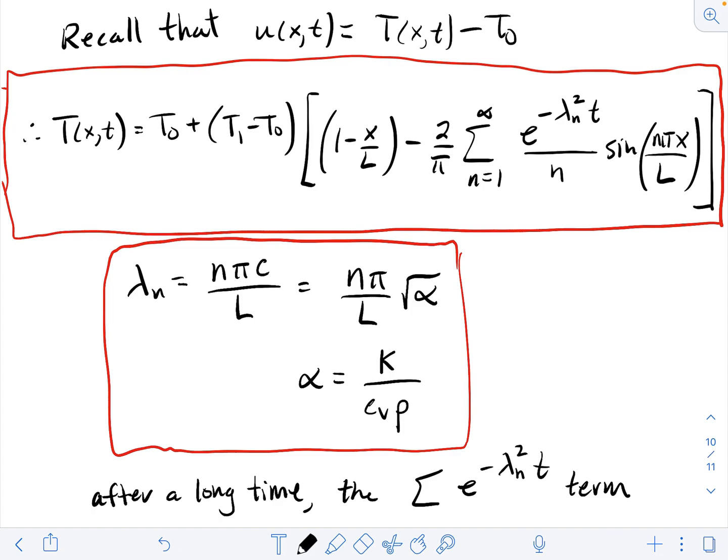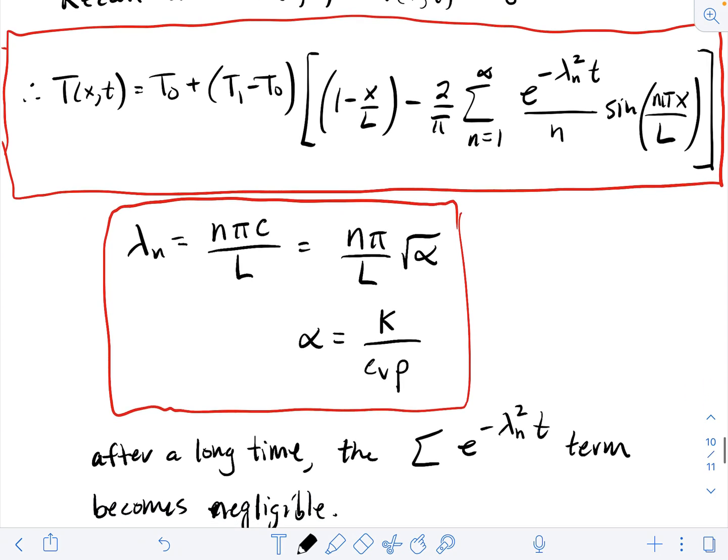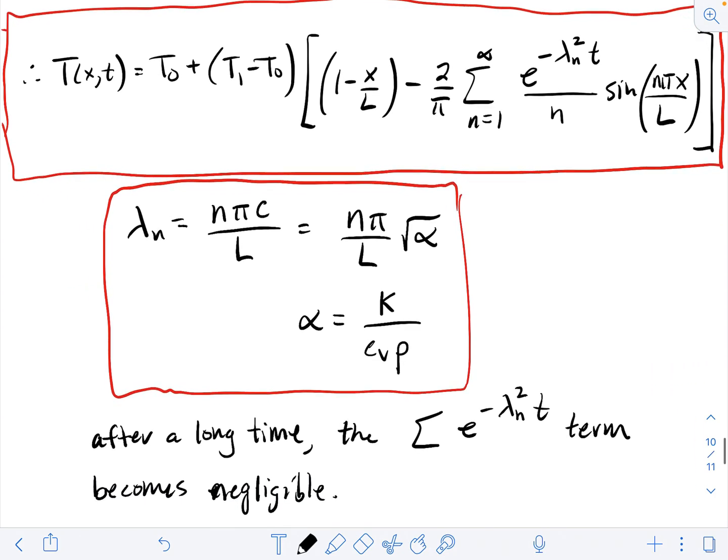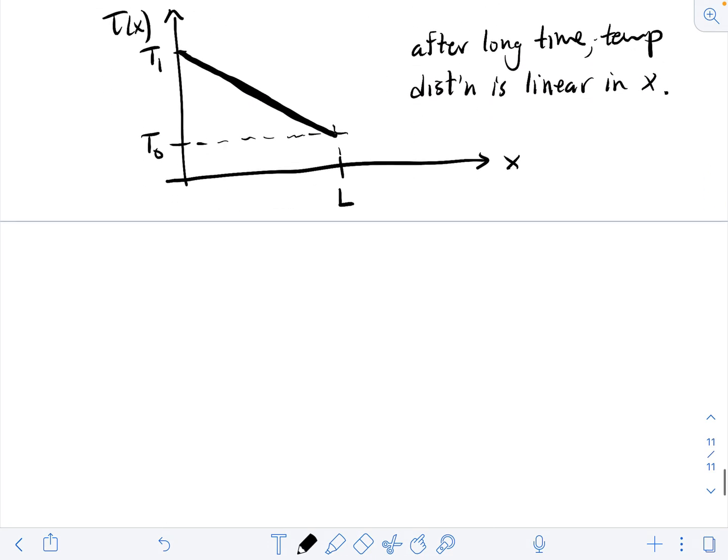If we want to know what happens at some intermediate times or just after the step in temperature, then we have to use this whole solution here, and we have to do the sum. And the sum goes as 1 over n, so the terms get less and less important as n grows. So what I'm going to do is show you some plots for this solution for the sum truncated at n equals 500.